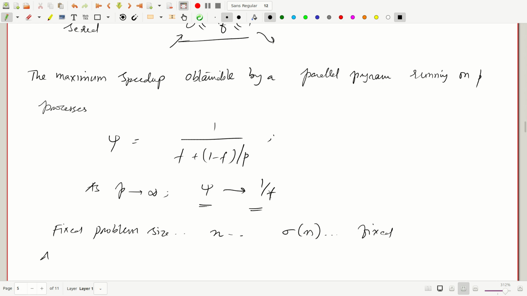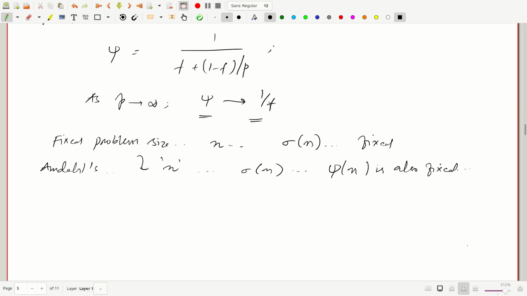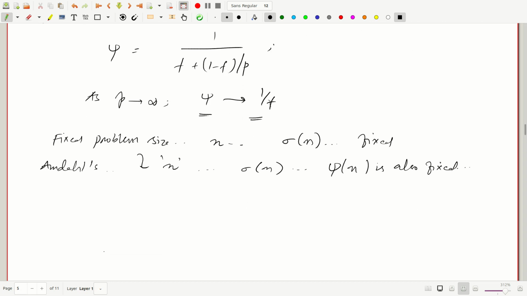But what Amdahl's law says is that if you have a problem of fixed size, it is not only the sequential part but also the maximum speedup, essentially the upper bound on the speedup, that is fixed. So psi of n is also fixed, for any number of processors that can be used.